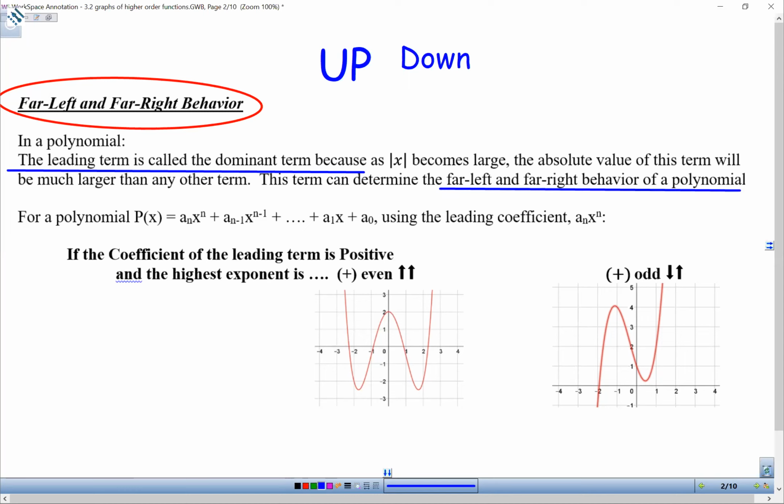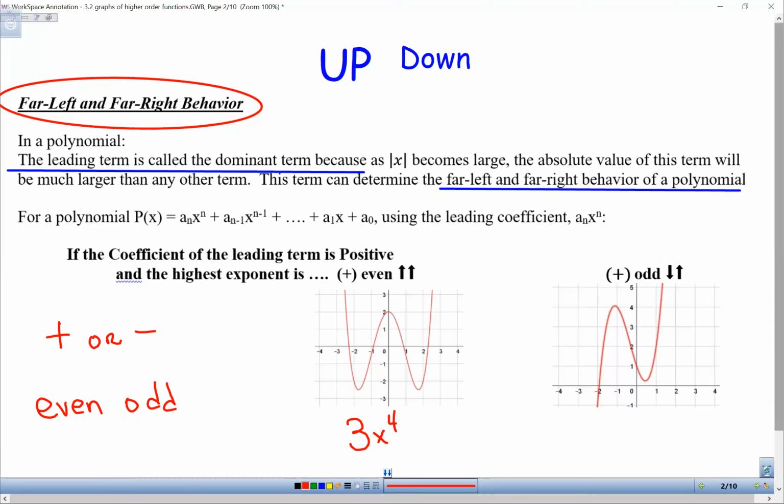So let's take a look at this. We're looking for 2 things. Is the term positive or negative? And is the exponent even or odd? Okay. So the first graph we have here might have a leading term of something like 3x to the 4th.